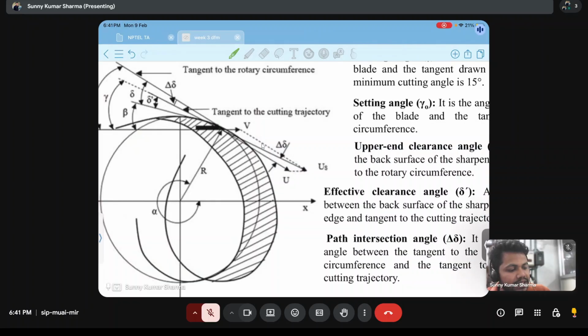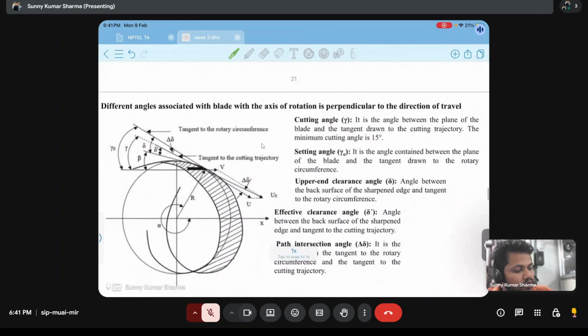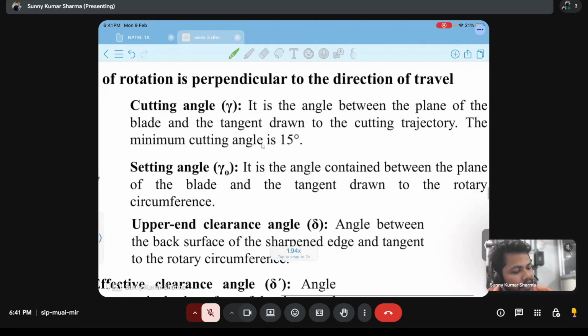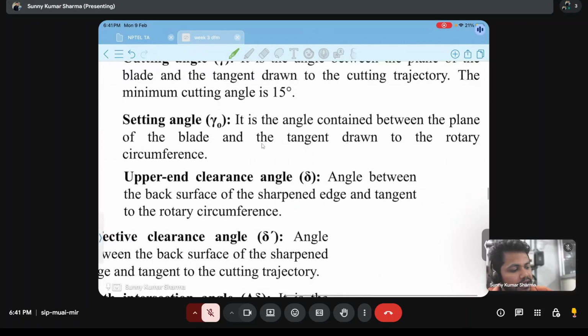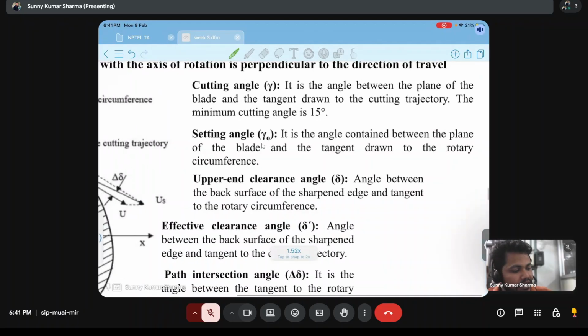One tangent is there for the cutting trajectory, and one tangent is there for the rotary circumference. So the angle made between the plane of the blade and the tangent drawn to the cutting trajectory is the cutting angle, and the angle contained by the plane of the blade and the tangent drawn to the rotary circumference is the setting angle.